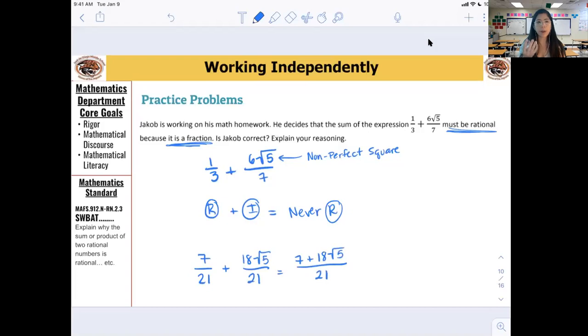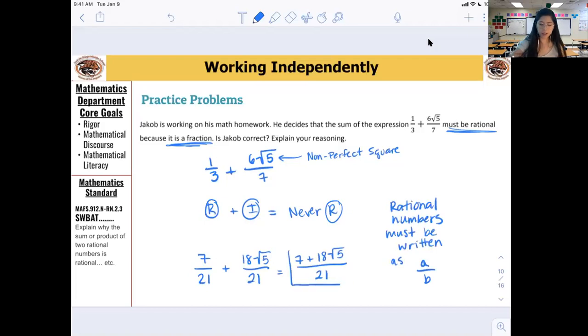But when I say a rational number, rational numbers must be written as A over B. So when I say a fraction, it has to be a whole number on the numerator and a whole number on the denominator and nothing else. So even though this is a fraction, it is not a rational number.